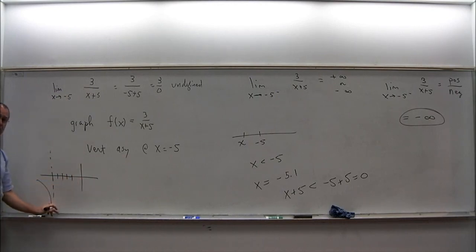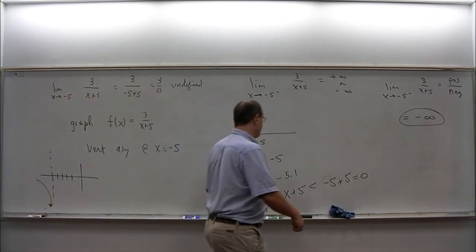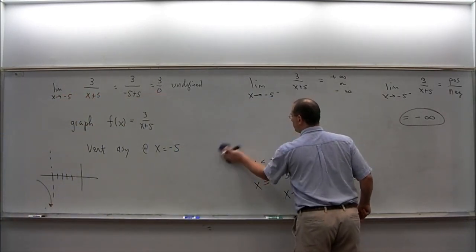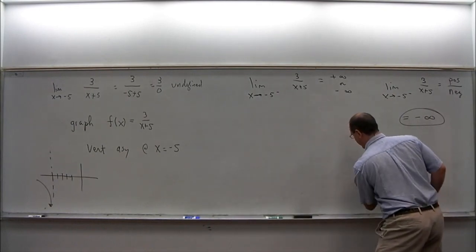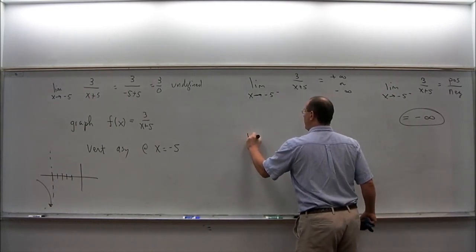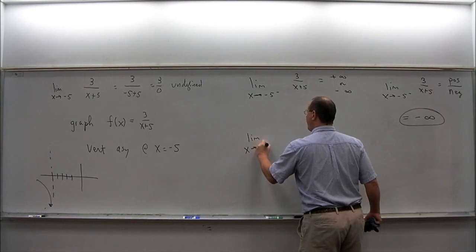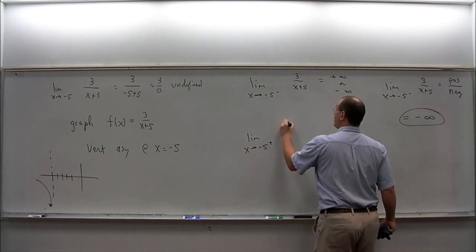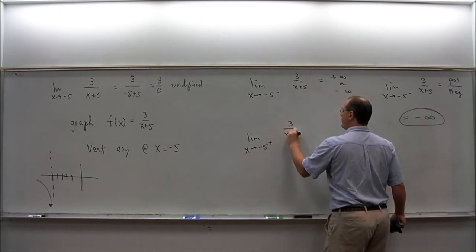We have to check the other side. If the other side gives us negative infinity, then the two-sided limit is negative infinity. If the other side, however, gives us positive infinity, then the two-sided limit does not exist. So let's check the other side. The limit as x goes to -5 from the right of 3 over x plus 5.